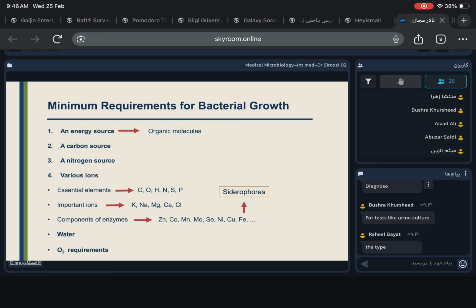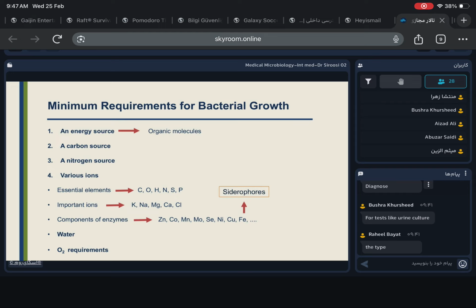Well, of course, all bacteria need an energy source. Okay, they are living organisms, so it means that they need an energy source. Medically important bacteria, the bacteria which cause disease in human, use organic molecules, for example, sugars, as the energy source.